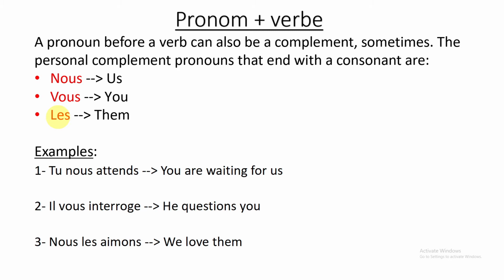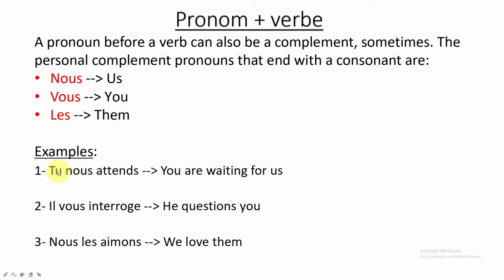Here we are not talking about the subject pronoun, but sometimes we have what we call the direct pronoun and the indirect pronoun. When you are replacing the object with the pronoun, we place that pronoun between the subject and the verb. So please go and watch the video about the pronoun COD and COI if you do have some problem. So here are some examples.